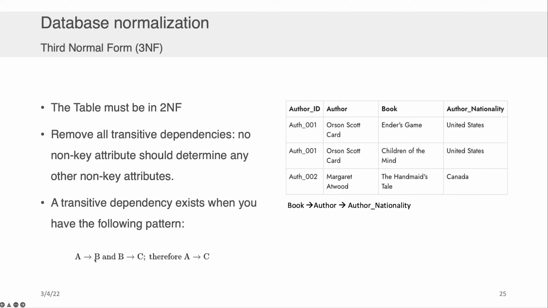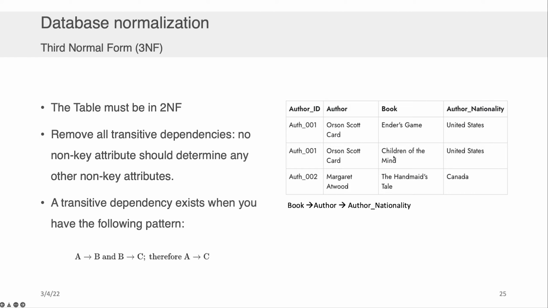And therefore, if you can walk this way, then A can uniquely identify C. Let's look at an example. So let's say we have authors and we wanted to know, well, hey, can we use the author to uniquely identify the book? The answer is no, right? Because if I told you who the author was in this table, like Orson Scott, I wouldn't know whether the book was Ender's Game or Children of the Mind.